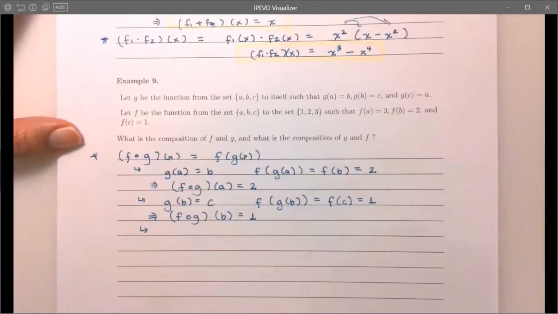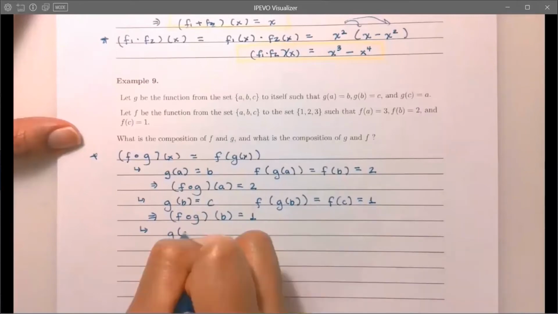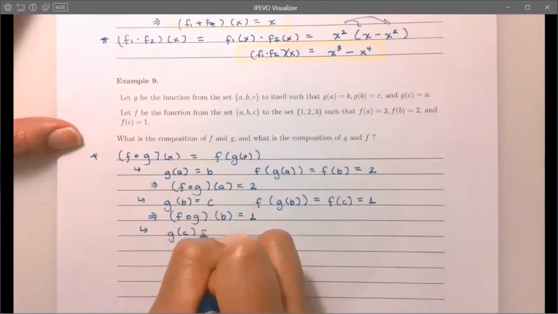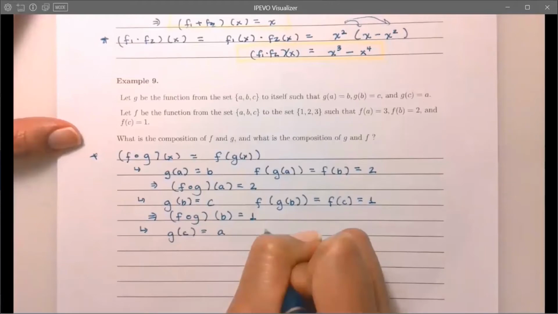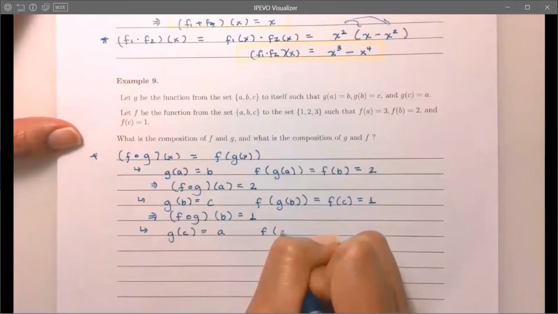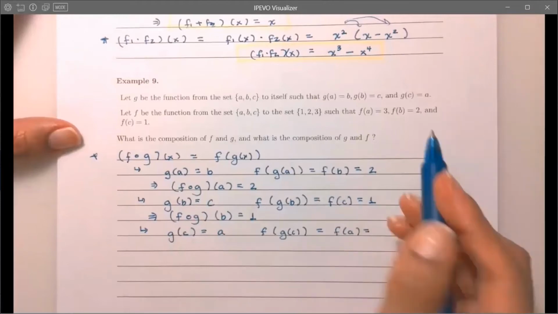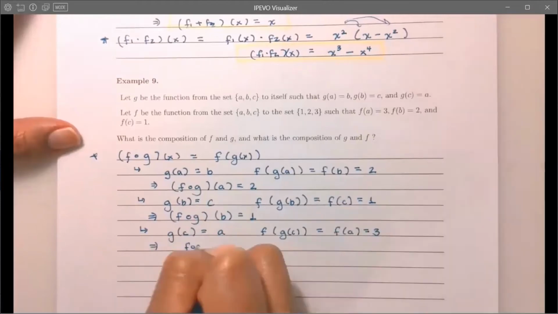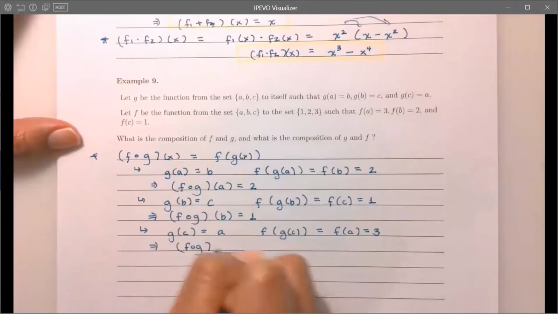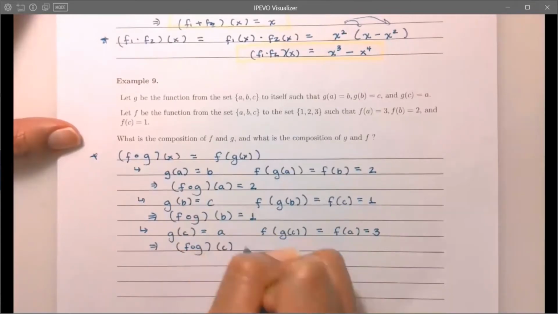Okay, next one, we have one more, g of C. G of C is A, and that means that f of g of C is going to be f of A, which is going to be 3. Our final result is f of g evaluated at C is going to be 3.